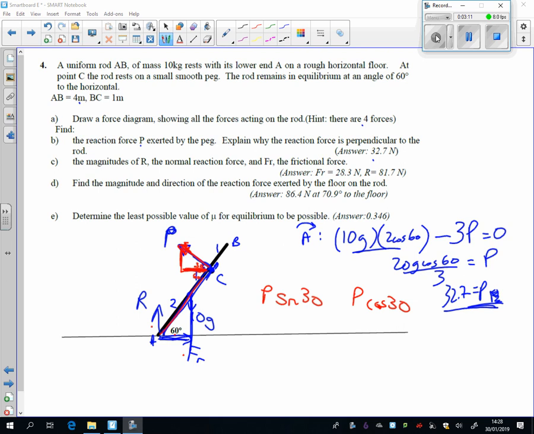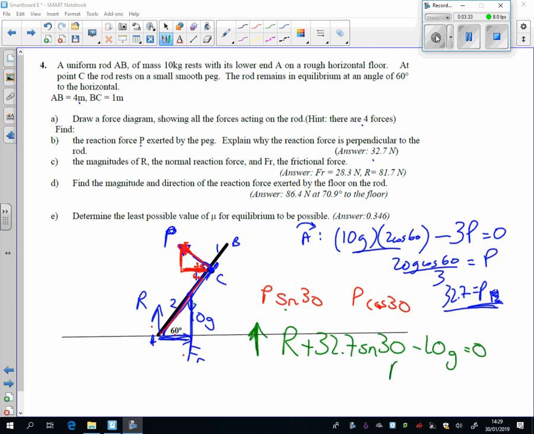So let's put that together in the question there. So going in the vertical direction, we've got R, we've got P sine 30, so I've got 32.7 times the sine of 30, and I'm going to take off the weight as well, so minus 10g equals 0.